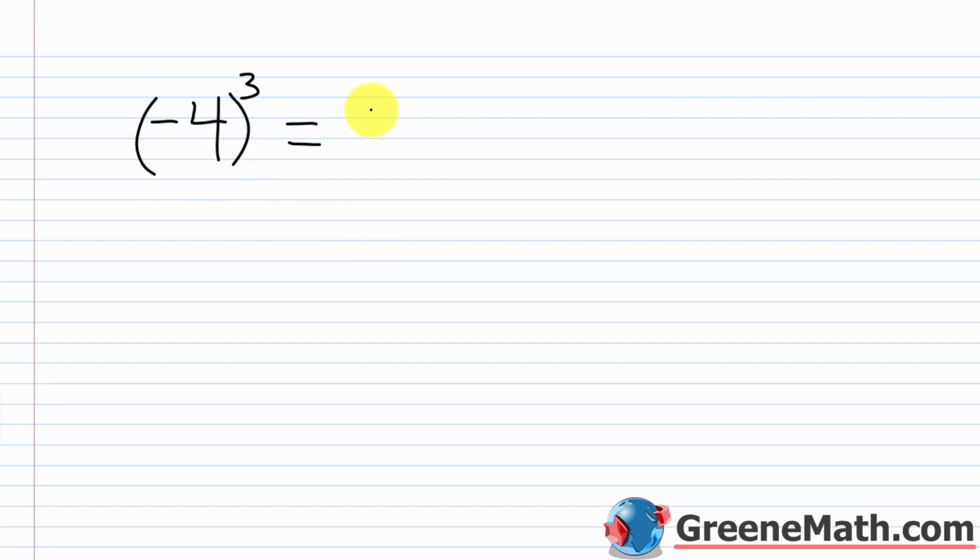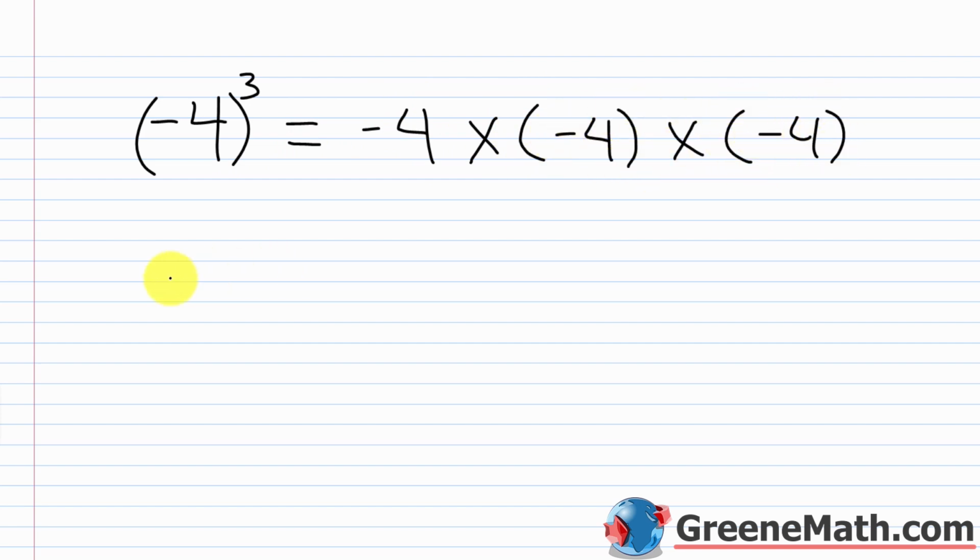So now I have negative 4 times negative 4 times negative 4. Well, I have 3 negatives involved in this problem. 3 negatives is going to give me a negative. 3 is an odd number. In other words, I have one pair of negatives that gives me a positive, but then I have one left over, right? So I'm going to end up with a negative result. So I would have a negative 64 in this case also.